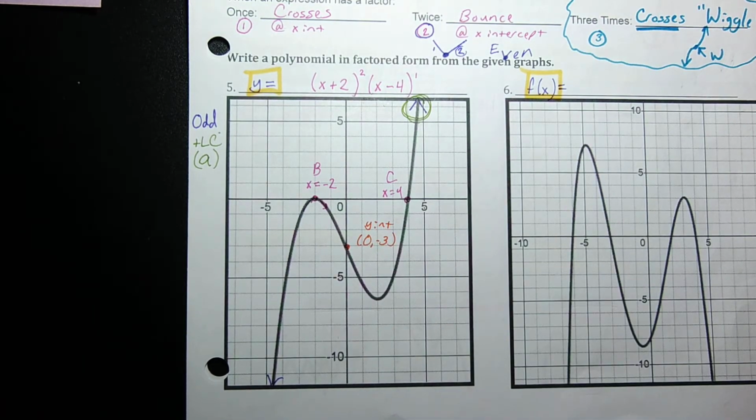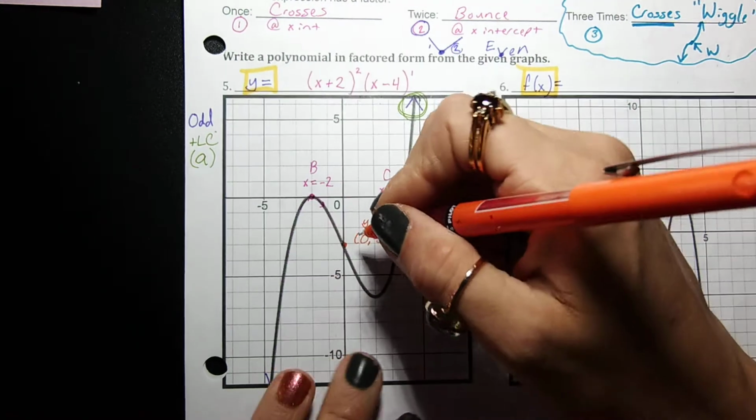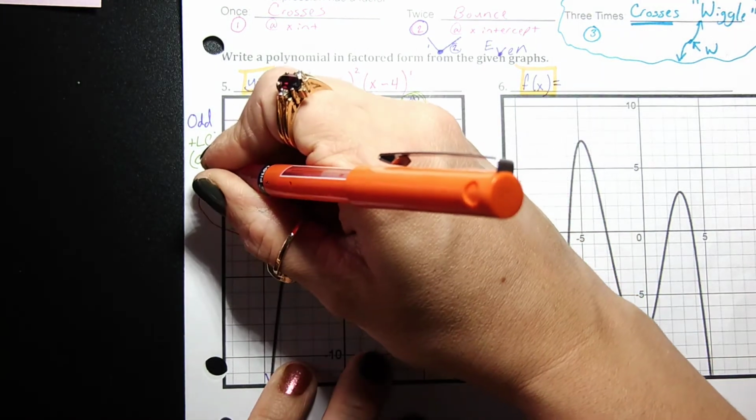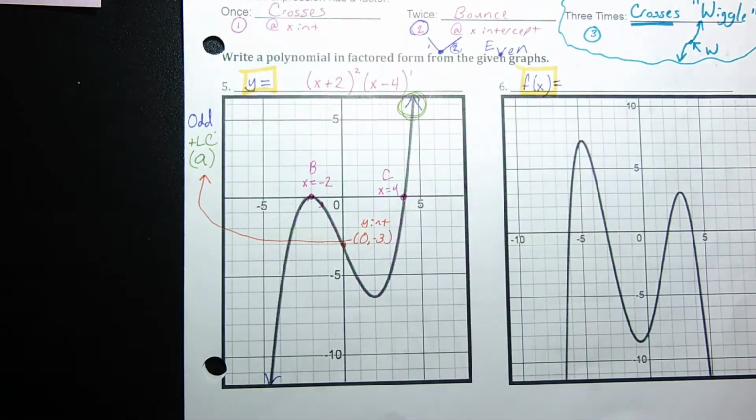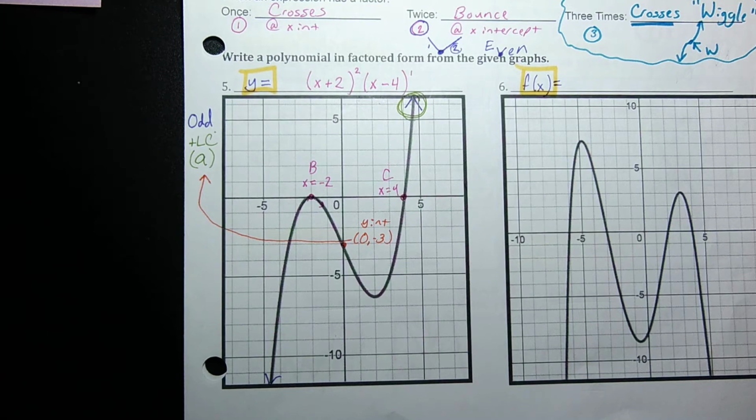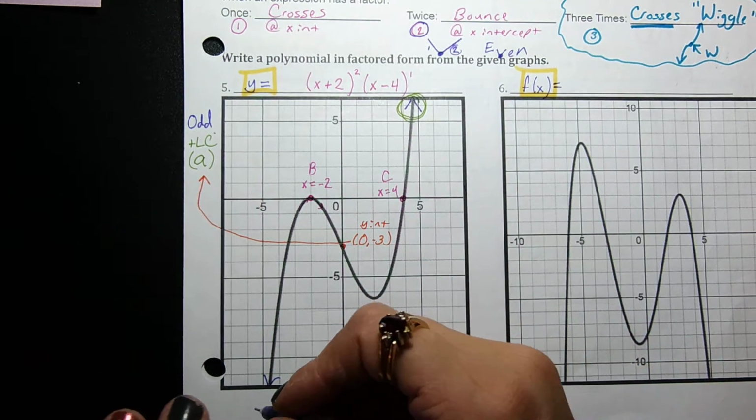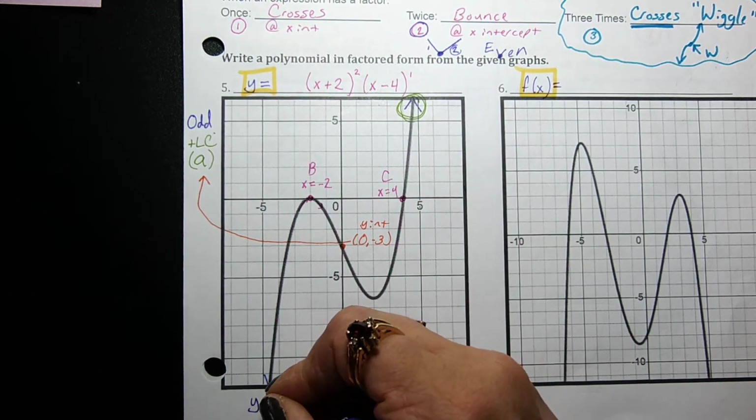Now if you're like, well, okay, yeah, we do have that. But what is that going to tell me about the equation? The y-intercept is what helps me solve for the leading coefficient or our a value. So what I would recommend doing is we are going to write the equation down below.